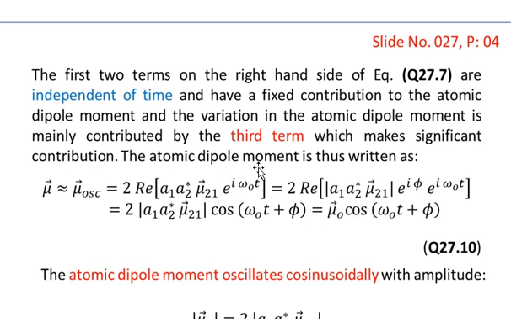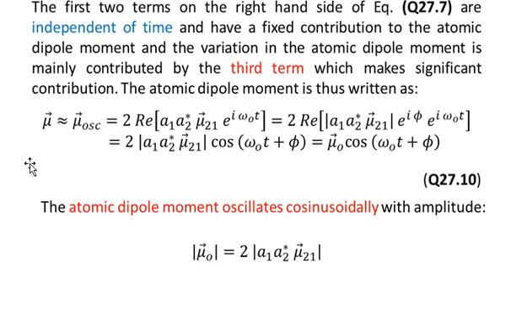The atomic dipole moment is thus written as mu is approximately equal to mu oscillation, because we are writing the approximate sign because we are only considering the third term, ignoring the constant contributions from the first two terms.